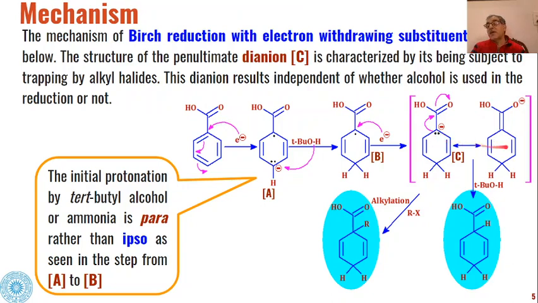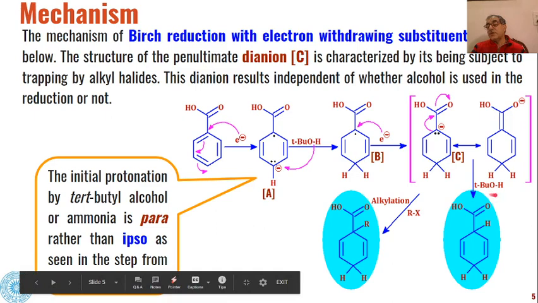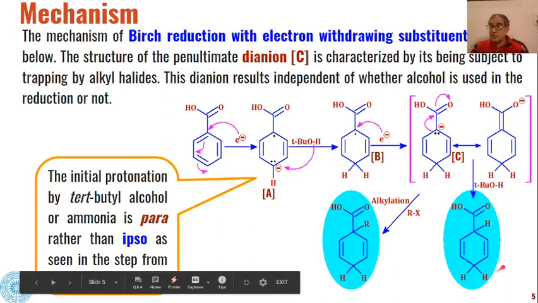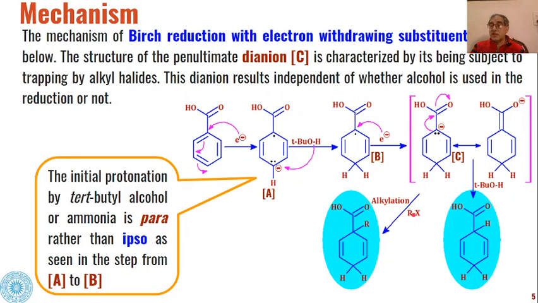So this carbanion is stabilized due to the presence of this carboxylic acid, and then this carbanion can either undergo protonation on reaction with one more molecule of the alcohol, and we will have this type of cyclohexadiene as the product, or it can react with alkyl halides.